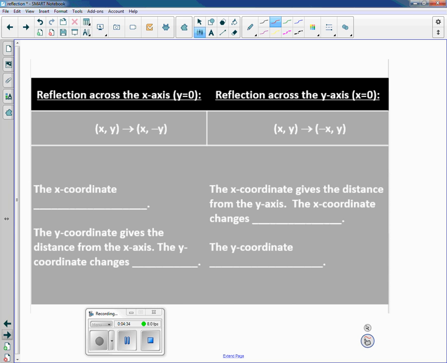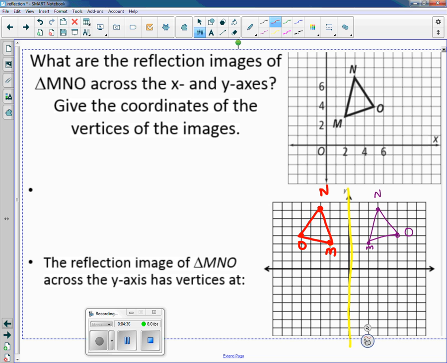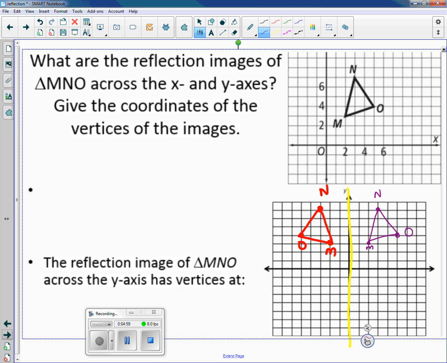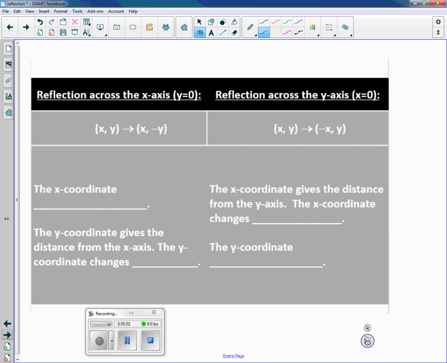Now, here's the key. If you look at this ordered pair right here, let's go back to the x. Reflect over the x. The ordered pair for my N was at 2, 3. My N over here is 2, negative 3. So if you notice, the y changes sign. When you reflect over the y, the x changes sign.